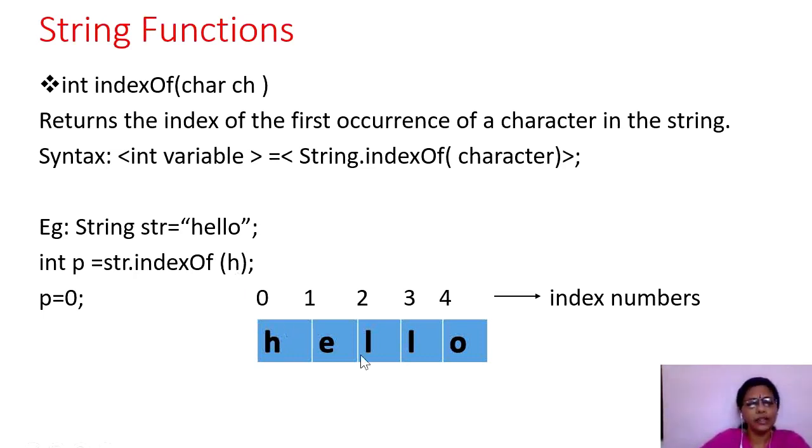Here in the string, L is present in two different positions, at 2 as well as at 3. If I am using indexOf, this function will first look for where it is present for the first time. It is present at position 2. So my p will return 2.